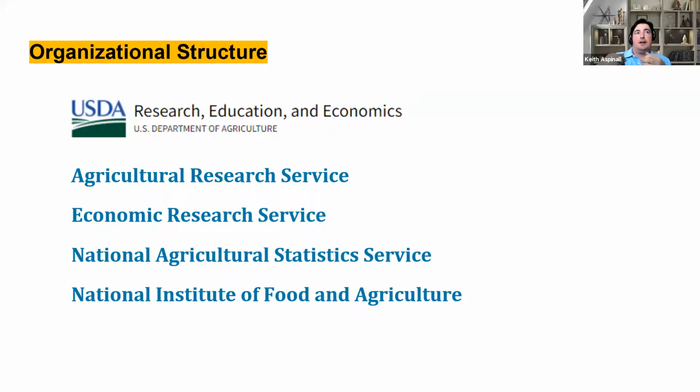So if somebody is interested in USDA, understanding the organization is a good first step, knowing that most of their research funding will come through the Research, Education, and Economics division, and that it has four core units, one of which is an intramural group, the Agricultural Research Service, which is not a primary funding source. Economic Research Service has some money, but not huge buckets, but the bulk of it is going to come from NIFA, the National Institute of Food and Agriculture.